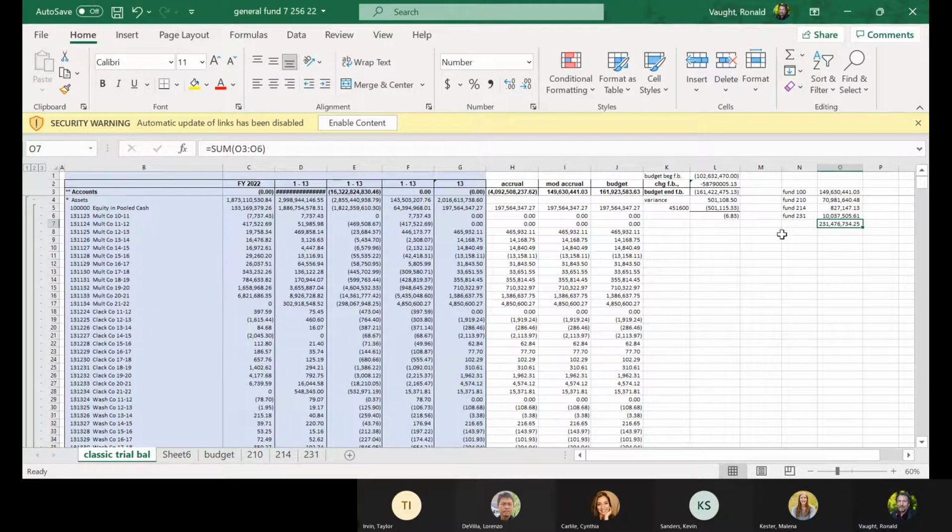So that comes up to the GAAP fund balance should be $231 million. So is that right or wrong? We will double check that here in a minute.